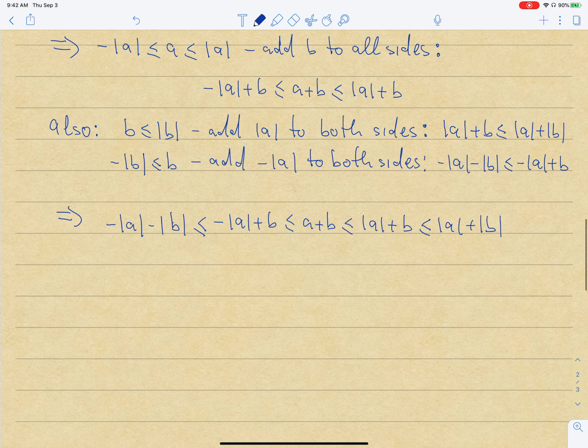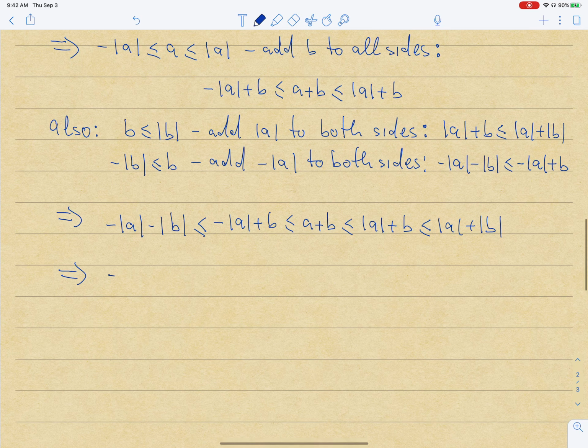So I can remove the intermediate inequalities, and I'll actually factor out the minus sign in here to get minus absolute value of A plus absolute value of B less or equal than A plus B, less or equal in turn than absolute value of A plus absolute value of B. All right.